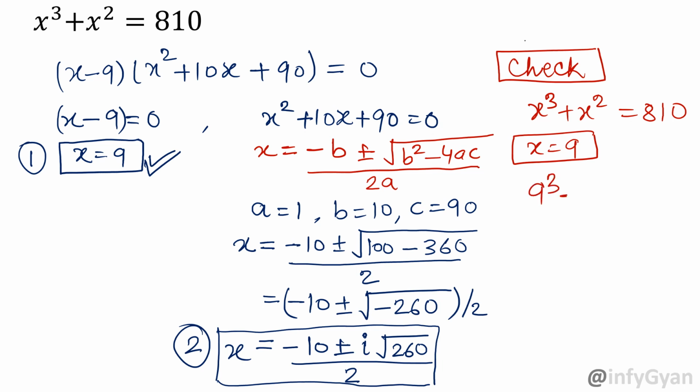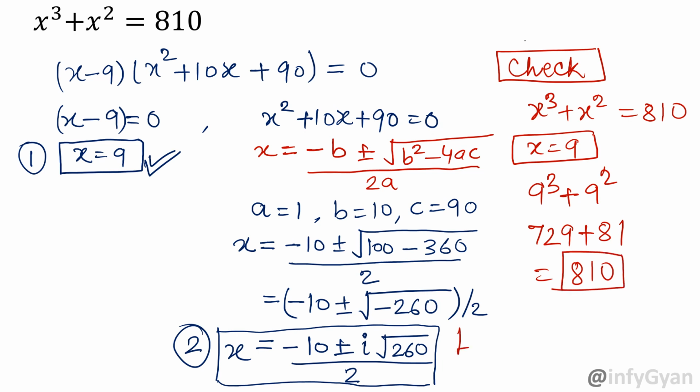Only for formality, I am taking this. 9 cube is 729, 9 square is 81. Once you add both the numbers, your answer will come out 810. So that means two imaginary solutions, two imaginary roots, and one solution is a real solution.